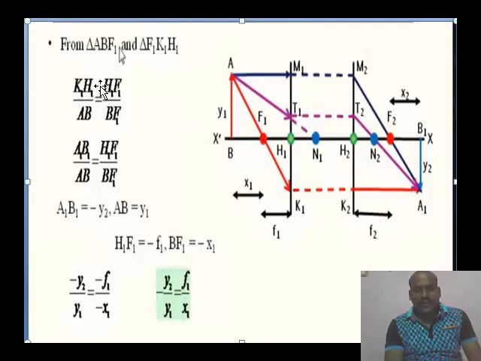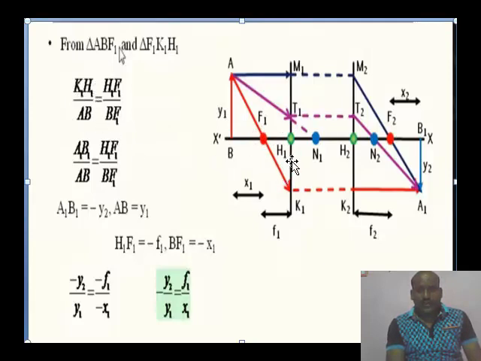For example, K1H1, this side and this side, in similar triangles, the corresponding sides are also in the same ratio. For example, K1H1 divided by AB is equal to the side H1F1 divided by BF1.